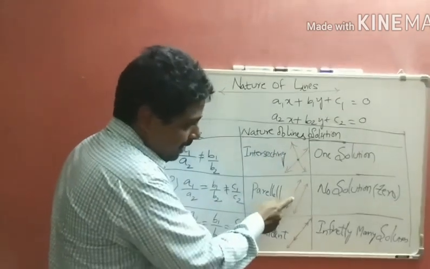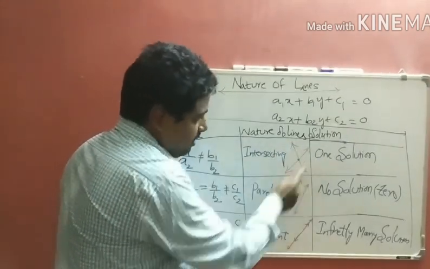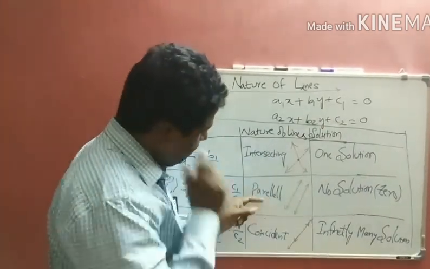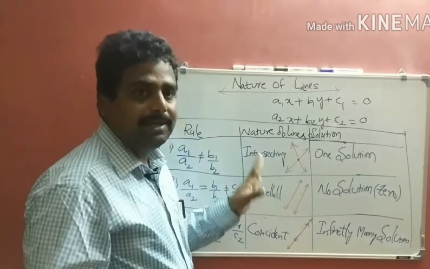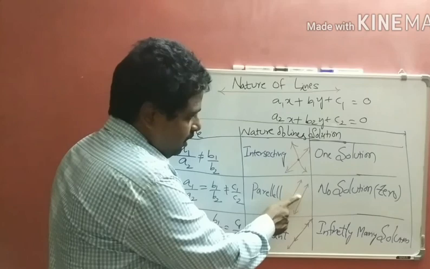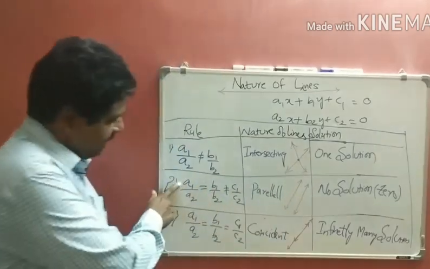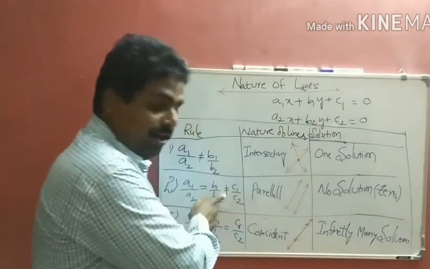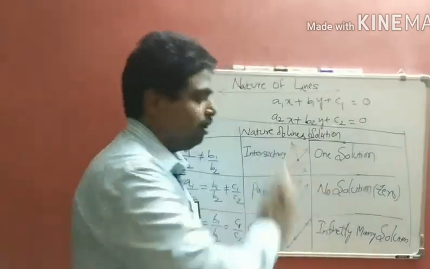But here in the parallel case, the lines keep moving like this, like this. Parallel lines cannot intersect and cannot coincide, so there is no common point for these two lines. So for the case of a1 by a2 equal to b1 by b2 not equal to c1 by c2, there is no solution.